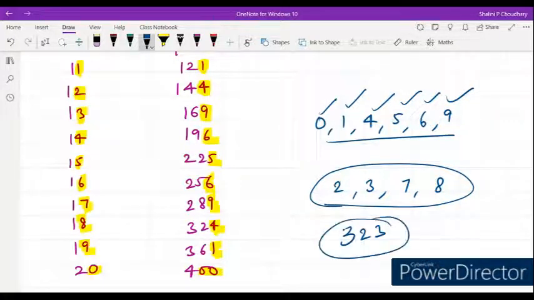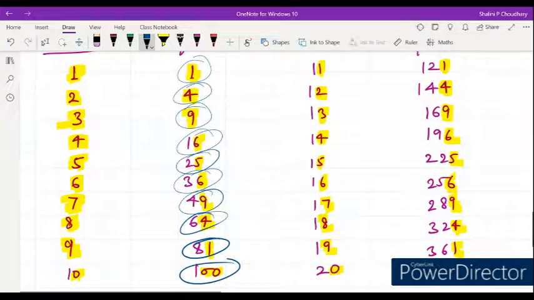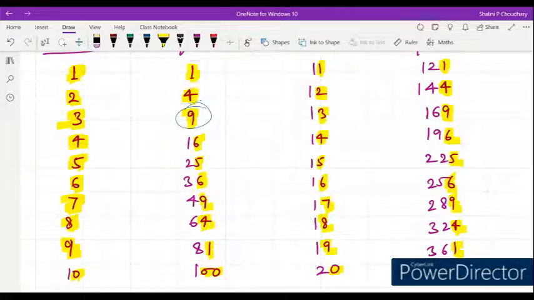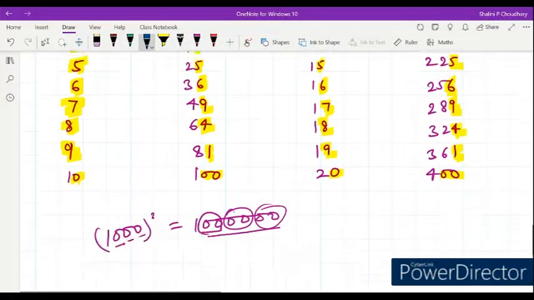Just see this number, and this is not a perfect score because this is ending with 3. At the units place there is 3. So any number which is having 8, 7, 3 or 2 at the units place can't be a perfect score. Okay. So any perfect score, you can see there is 0, 1, 4, 5, 6 and 9. Nothing else. Understood? Okay.